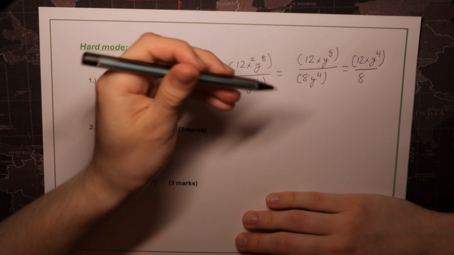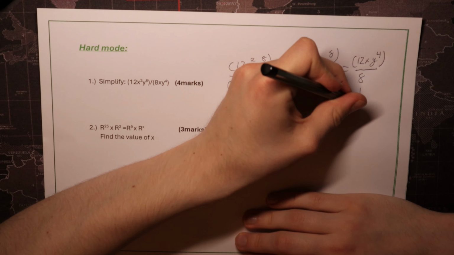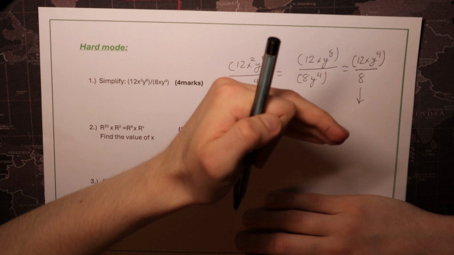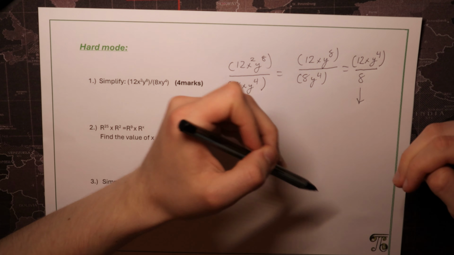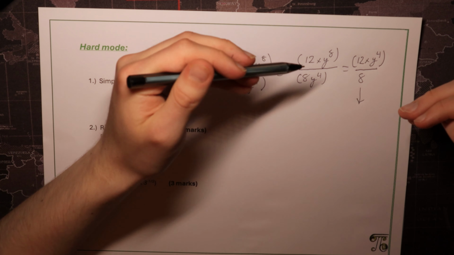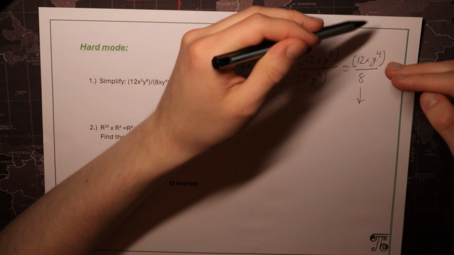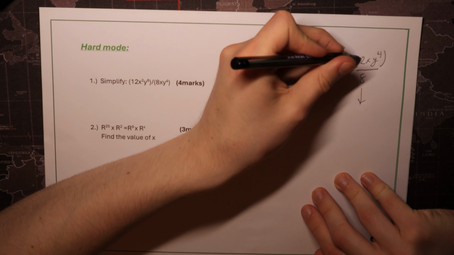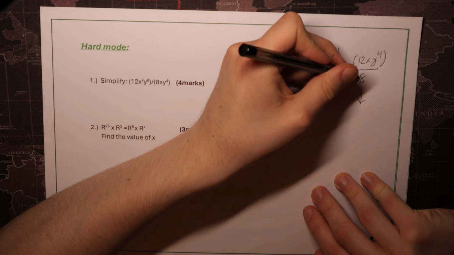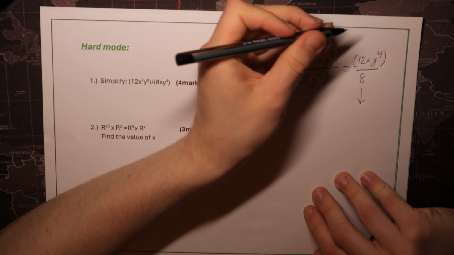So therefore, from this point, let's put an arrow here, again, do your structure. It's good to always point the examiner to where you're writing the next part of your equation or your process of simplification in this scenario. So then we can simplify this because we know that both of these are divisible by 4.